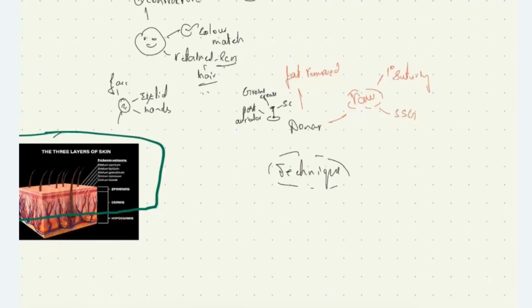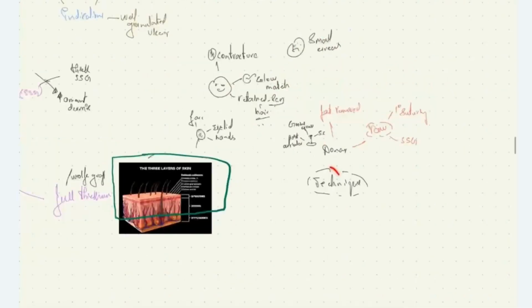Following that, we'll transfer this full thickness graft into the area of defect, that is, in the ear, face, eyelid, or hand. Now, we have created a raw surface in the areas from which we have taken the skin graft. In those areas we can do primary suturing or we can do split thickness skin grafting. This is about the technique of full thickness skin grafting.